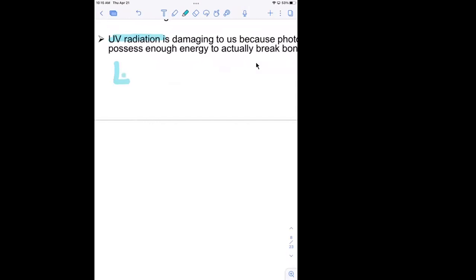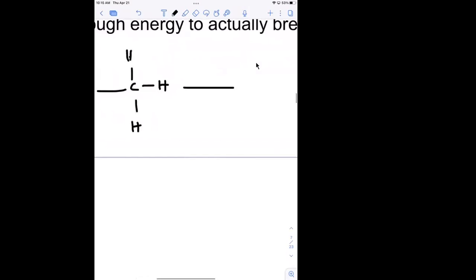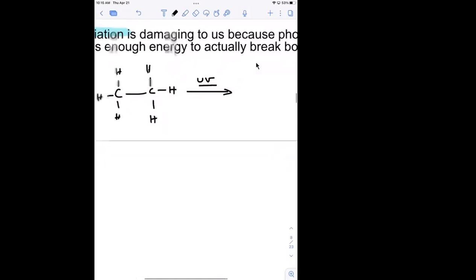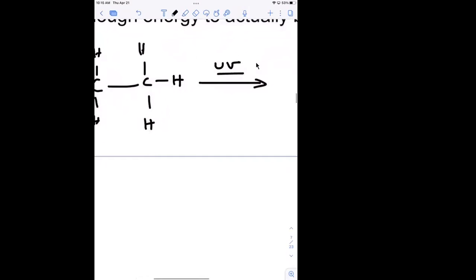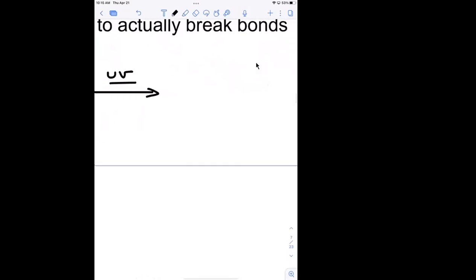If you have a covalent bond, let's say between two carbons, so let's say this is a CH3 and this is a CH3. If you shine UV light on this, you can actually break off one of those hydrogens. Usually it's done with an initiator, but I'm just showing it.